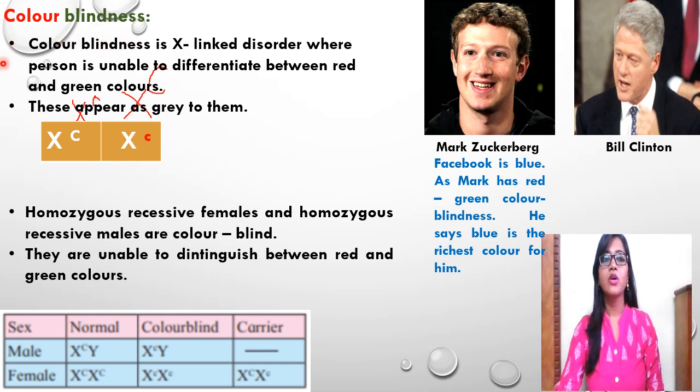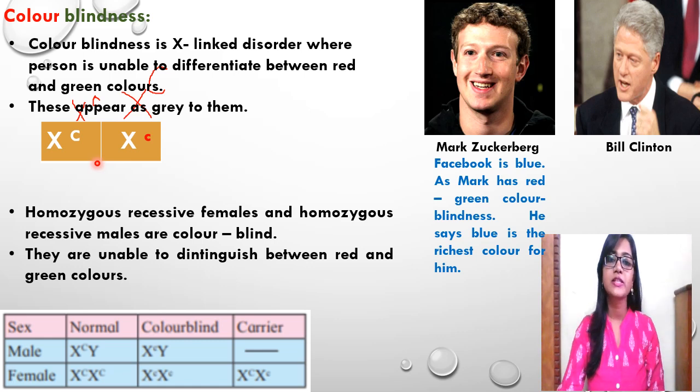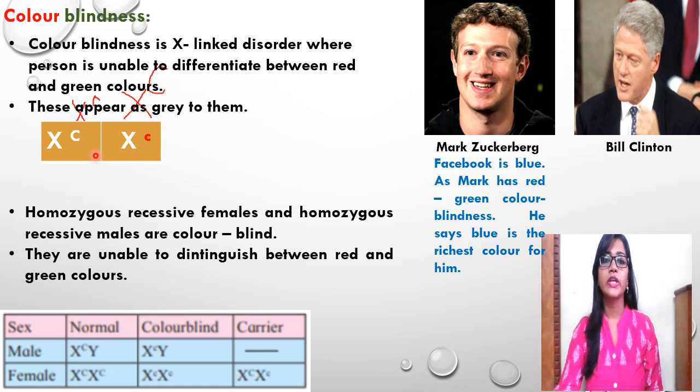What happens if such genes are present in such persons? They prevent the formation of color sensitive cells. So the cones in the retina of the eye, which are very color sensitive, don't recognize the difference between red and green color.